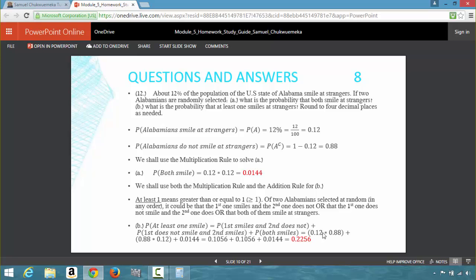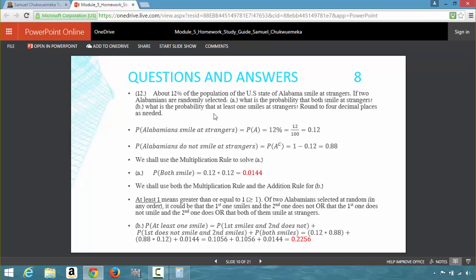This is multiplication rule. The 12% means 0.12. So probability that 1 Alabamian smiles at strangers will be 12%, 0.12. So probability that 2 Alabamians smile at strangers will be the probability that the first one smiles at strangers and that the second one smiles at strangers. So that would be 0.12 times 0.12, and that gives you 0.0144.